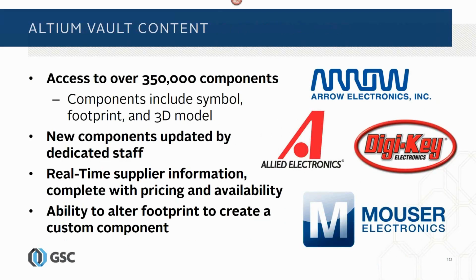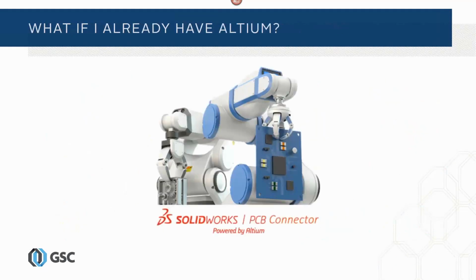What's really unique to SolidWorks PCB is that you are allowed to be connected to these different companies that you see over here on the right-hand side of the screen: DigiKey, Allied, Mouser, Arrow, and have your own particular company login for those. And from there, inside of SolidWorks PCB, you're able to get the supplier information and have that be a part of your schematic. So just one level further, and we'll talk about that when we're working on our schematic.